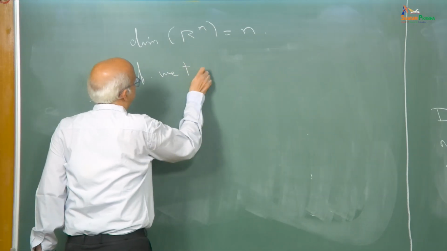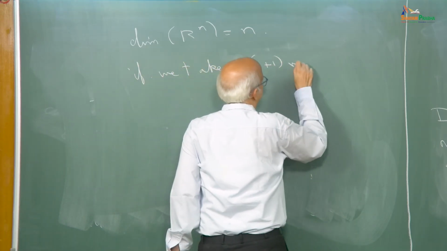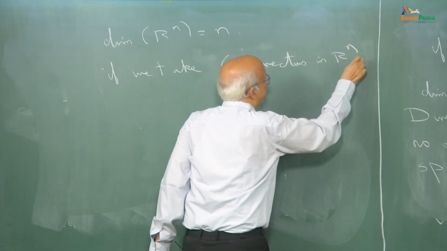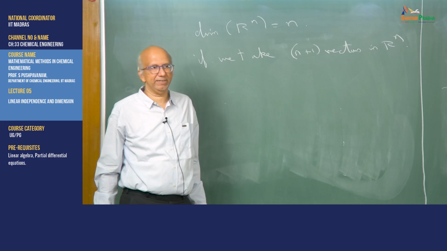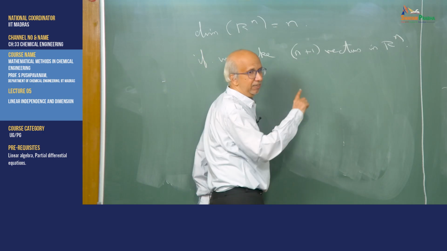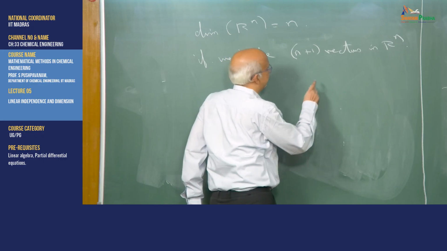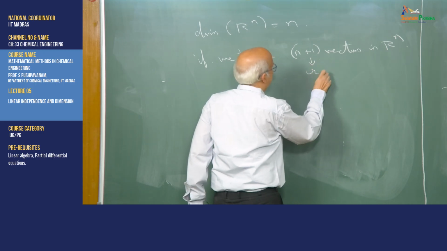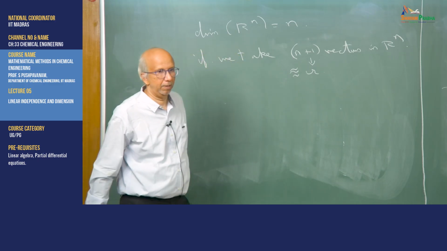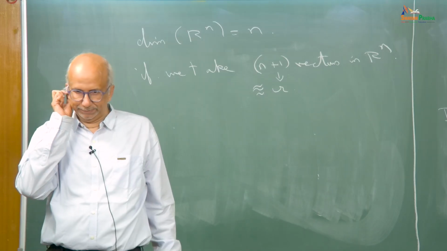So, clearly, if we take n plus 1 vectors in Rn, is this going to be a dependent set or an independent set? This is like what we had earlier as R vectors in n dimensions. And if R is greater than n, we saw that it is dependent.